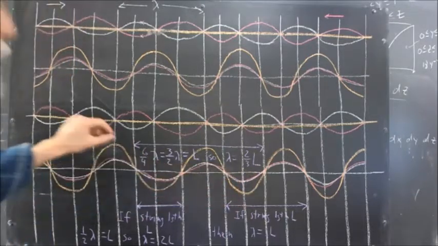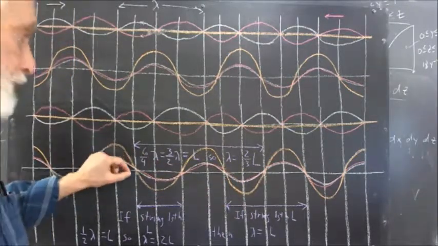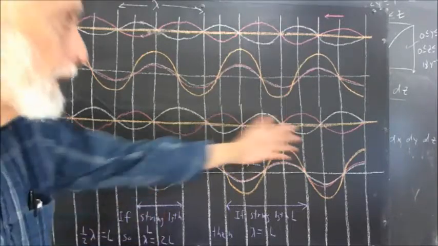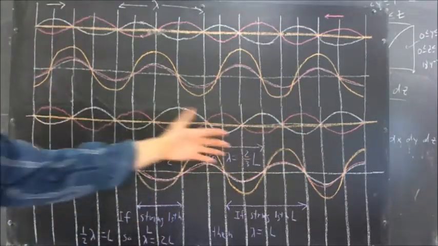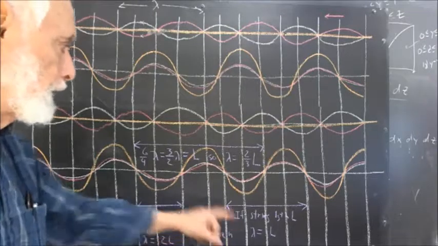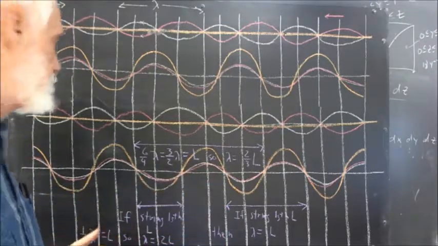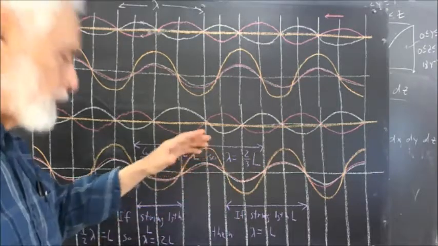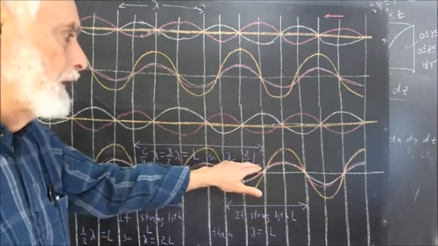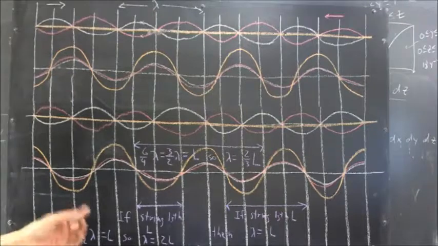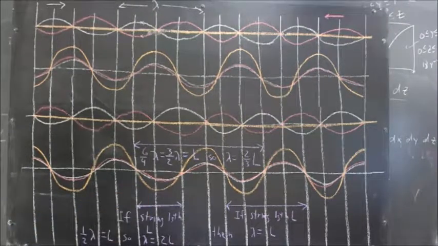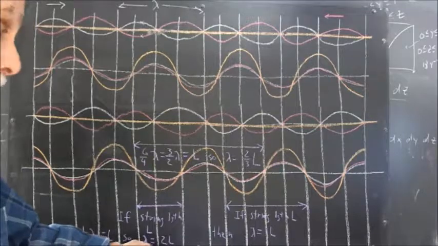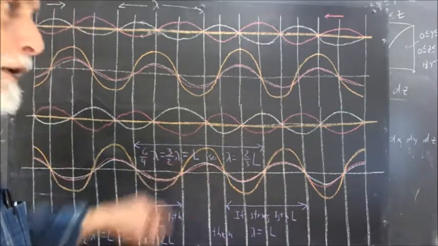We can also represent a wave in a string fixed at both ends with any number of antinodes if we make this picture extensive enough, but looking at these 3 we get the idea. And we can easily set up the sequence of relationships between possible wavelengths and string lengths. We call this the longest wavelength, the fundamental wavelength, and the others are called overtones.